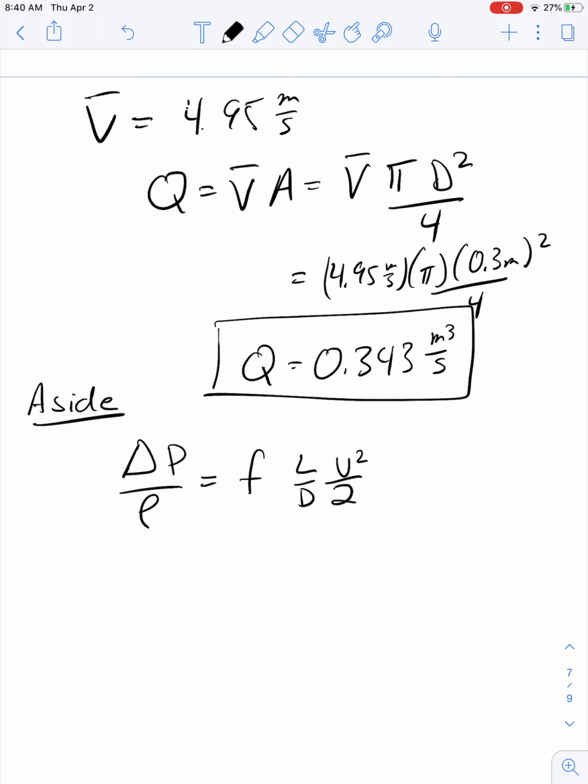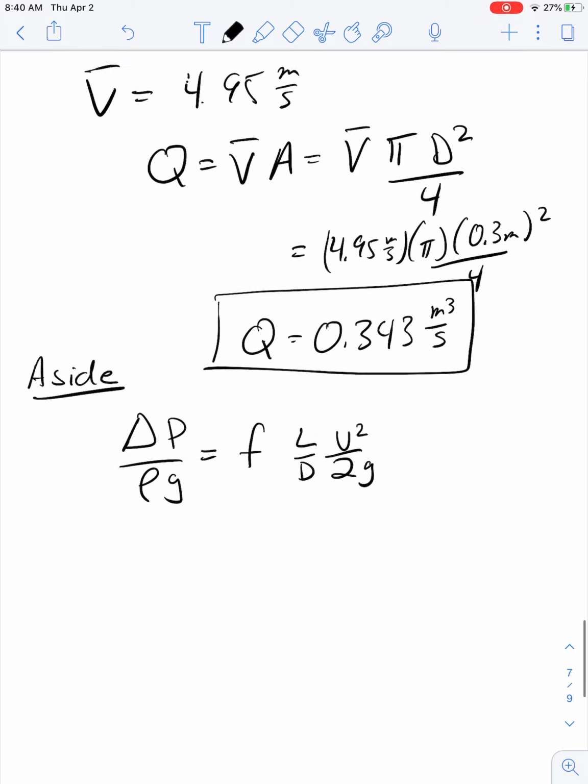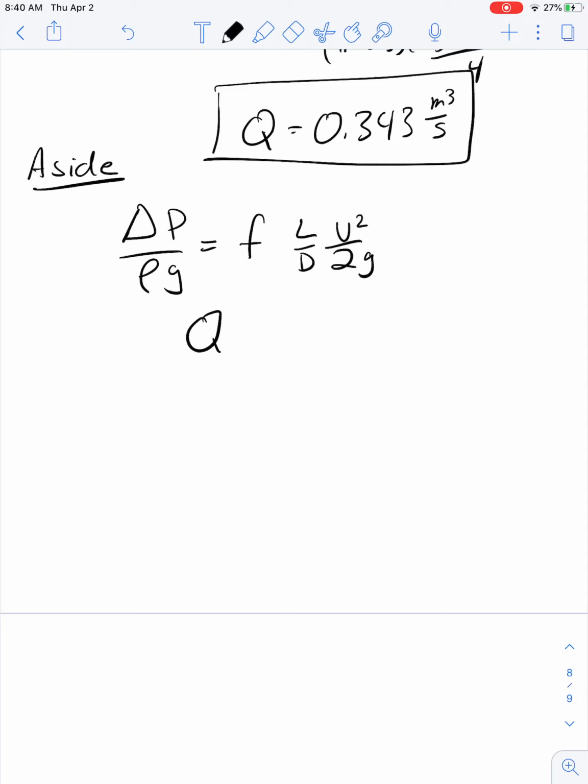You could put g's in there as we had, a g here and here. This is what we've been using for our simplified energy equation. But as we just saw a second ago, Q is equal to V times A, and therefore the average velocity is equal to Q over A.